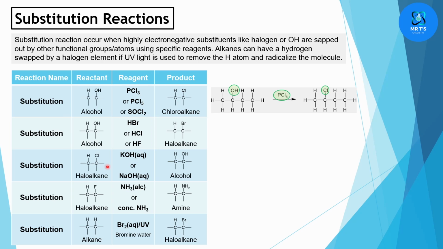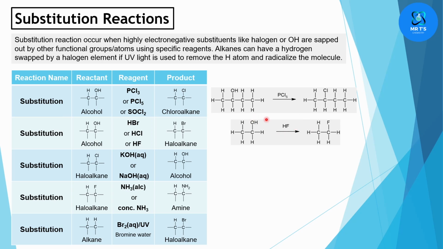The second group of reagents do exactly the same. In this case, I could use hydrogen bromide, hydrogen chloride, or hydrogen fluoride, and they will replace the OH with the halogen that is present in the hydrogen halide compound. So, for example, here we could have an alcohol, which is ethanol. We add hydrogen fluoride to it.